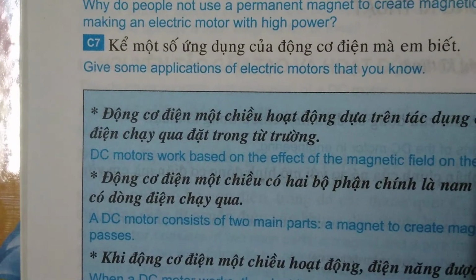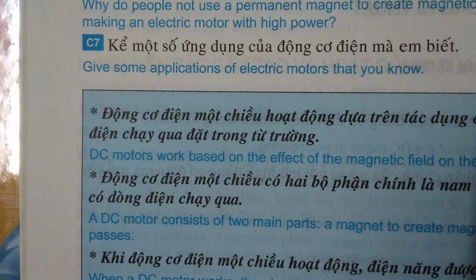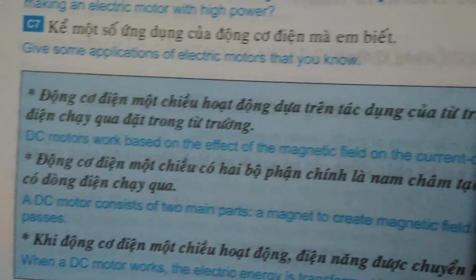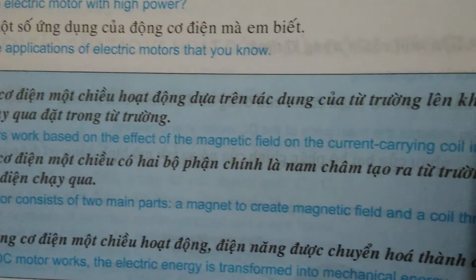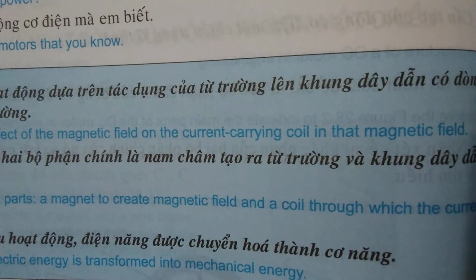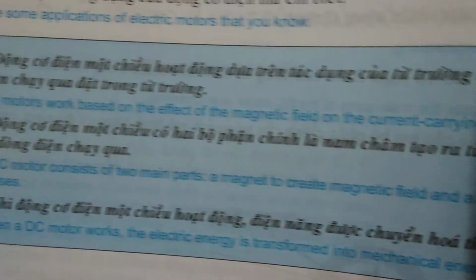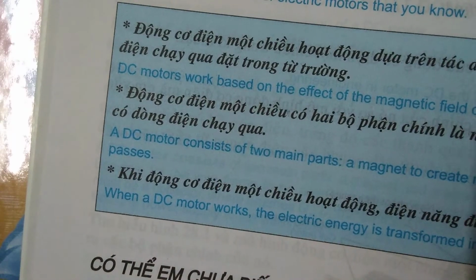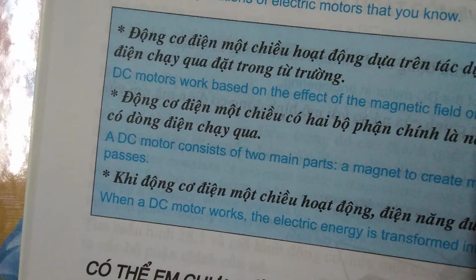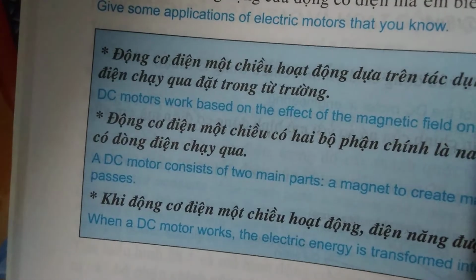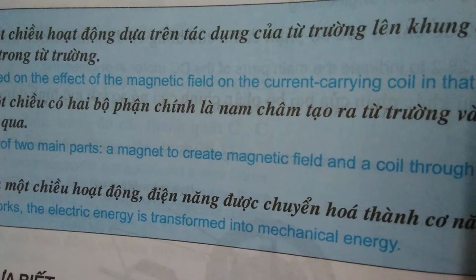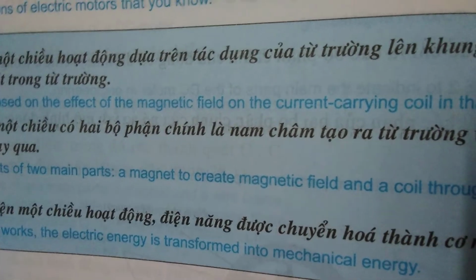A DC motor consists of two main parts: a magnet to create magnetic field and a coil through which the current passes. When a DC motor works, the electric energy is transformed into mechanical energy.